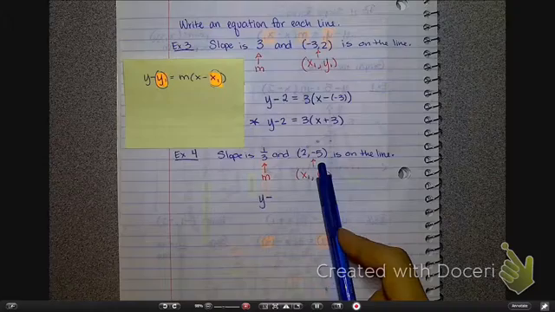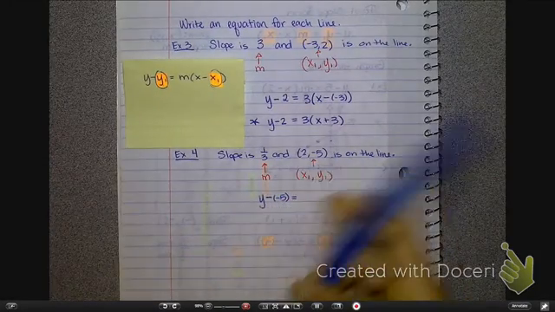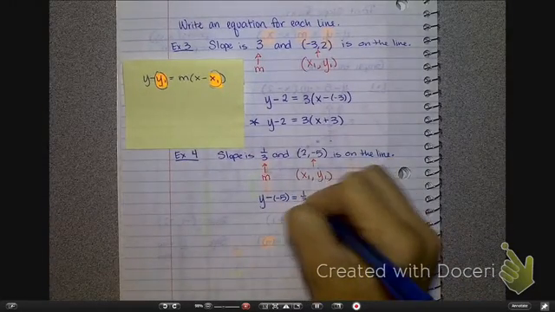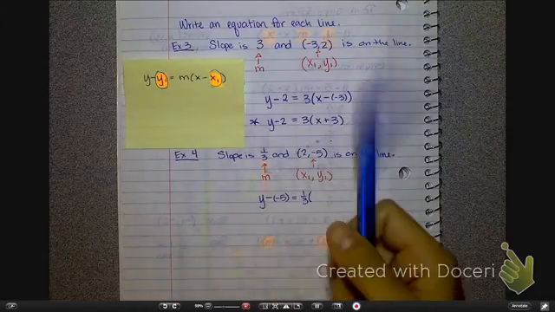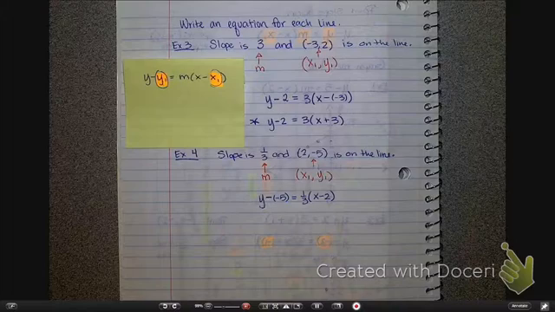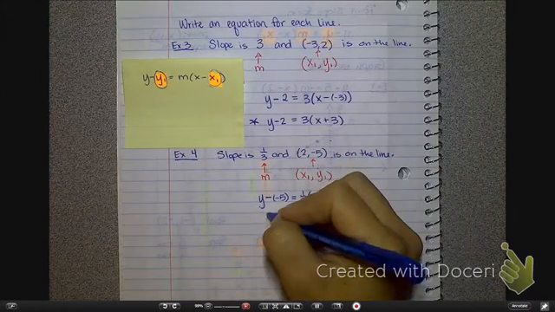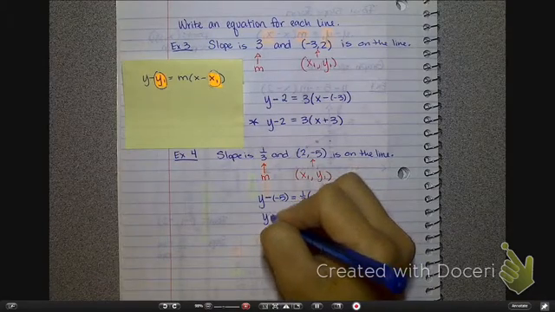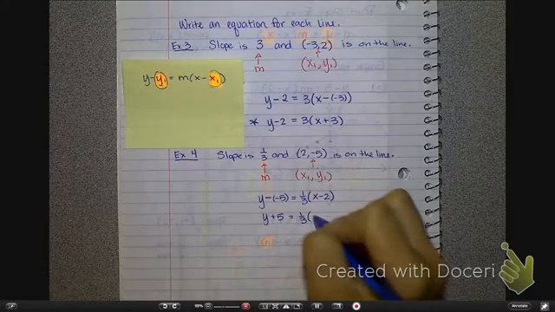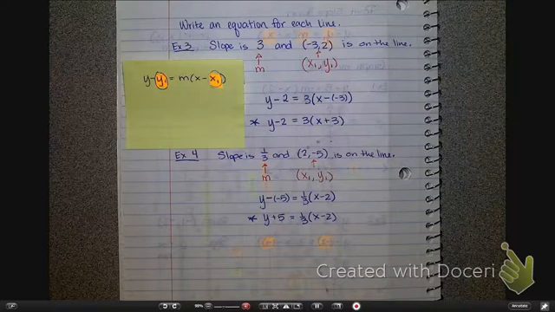Y1 is -5 equals m, what was m? 1/3 times x minus what? 2. Okay, now, can you simplify that? Yes. So, we're going to get then y plus 5 equals what? 1/3 times x minus 2. Okay? So, that's not too bad, right?